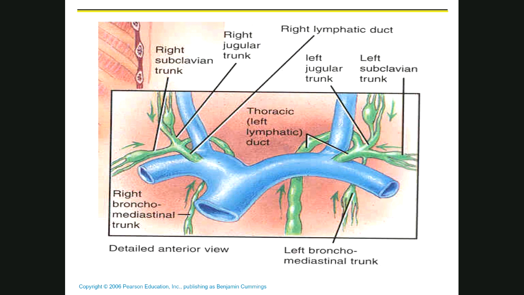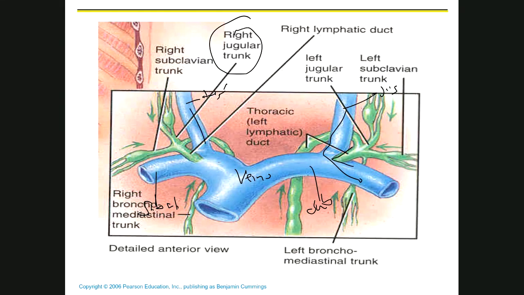They both drain into veins. So if you look at these, what they are, that's the jugular vein. Jugular vein. And that's the subclavian vein. Same thing on this side, jugular vein, subclavian vein. So right where they come together, right there is where they drain into.